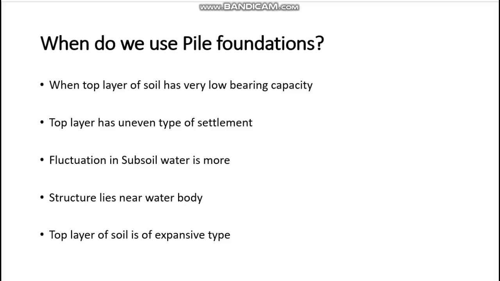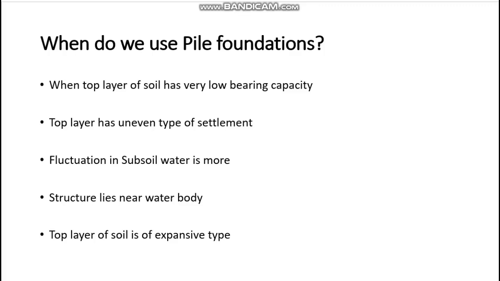When the fluctuation of subsoil water is more, pile foundations give a sturdy secondary base for the superstructure. If the structure is lying near a water body, pile foundations are also useful. When the top layer of the soil is expansive, expanding or contracting according to the seasons or time, pile foundations are very useful too.